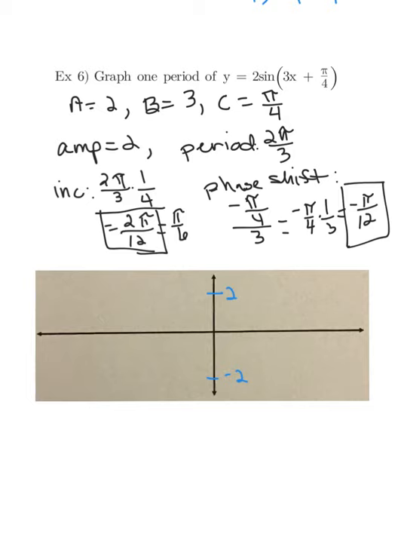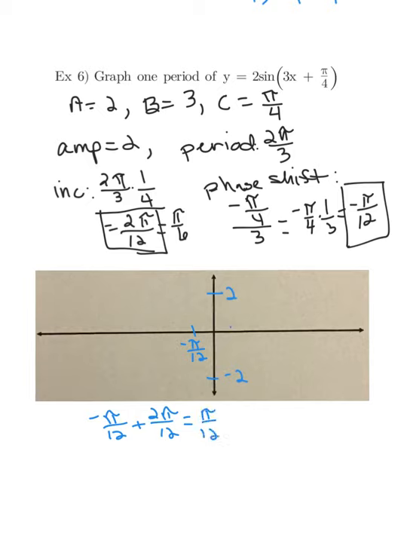Our first label needs to move left from the 0, means to go to negative pi over 12. Now to find the rest of our marks, we are going to add 2 pi over 12 to that. Negative pi over 12 plus 2 pi over 12. Think about that. Negative pi over 12 plus 2 pi over 12 is going to give me positive 1 pi over 12.